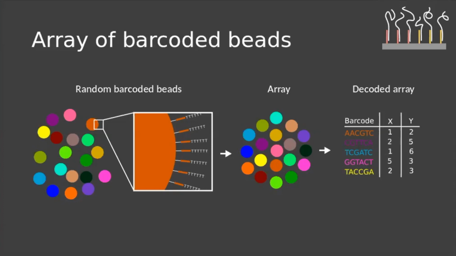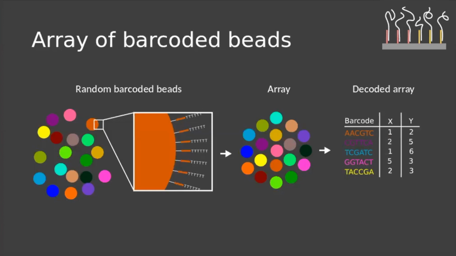What they do is they use beads on an array to encode the spatial information. They start with randomly barcoded beads. The colored line is the barcode, and then they have a poly T capture site. Then they deposit these barcoded beads on an array, so they're spatially restricted now.